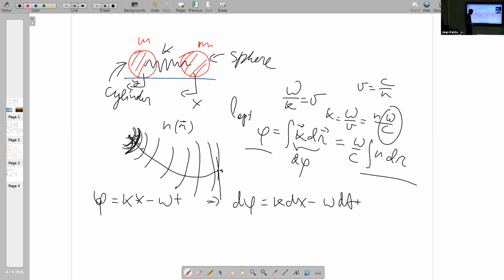Now if we multiply everything by h bar, then I obtain h bar d phi equals h bar k, which is momentum p, times dx, minus h bar omega, which is energy, times dt.